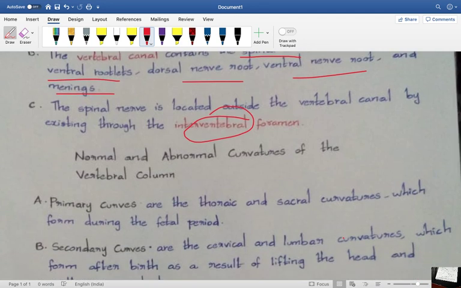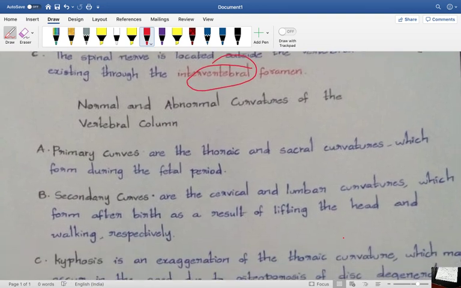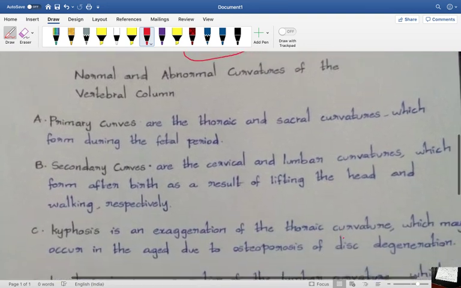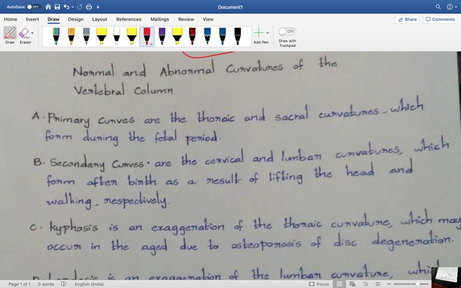Now, a few words about the normal and abnormal curvature of the vertebral column. What are those parts of the vertebral column which are called primary curves and secondary curves? You should remember, doc: thoracic and sacral curvatures are formed during the fetal period. That's the reason they are called primary curves.